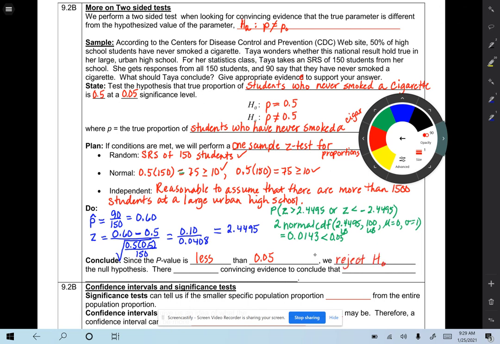There is convincing evidence to conclude that the proportion of students who have never smoked a cigarette is not 0.5 at Taya's school.